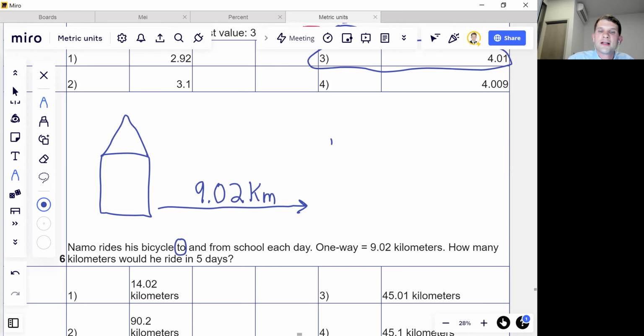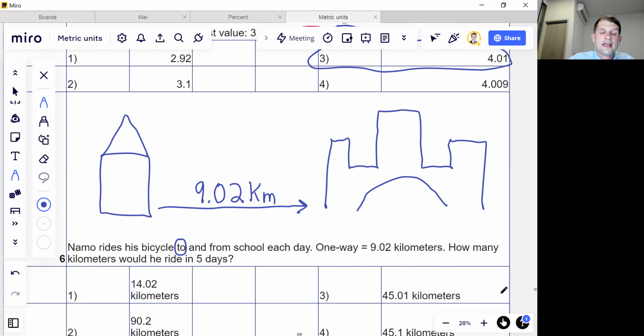Okay, and then let me sketch school here really quickly. So we've got school here, and the key here is to realize that he's going to and from school each day. So we need to consider the fact that one day is going to be there and back.